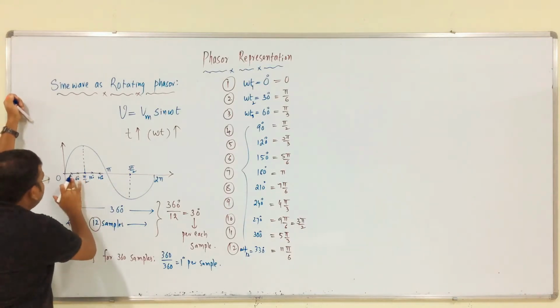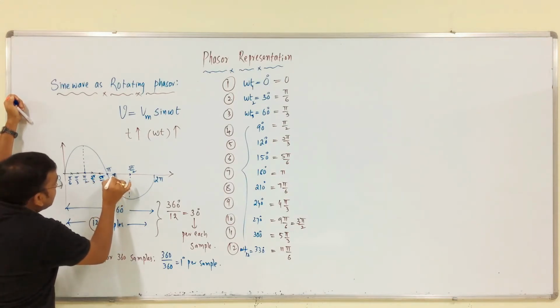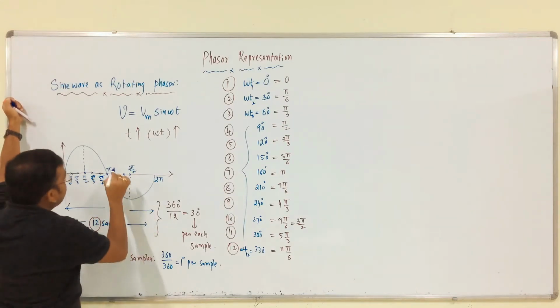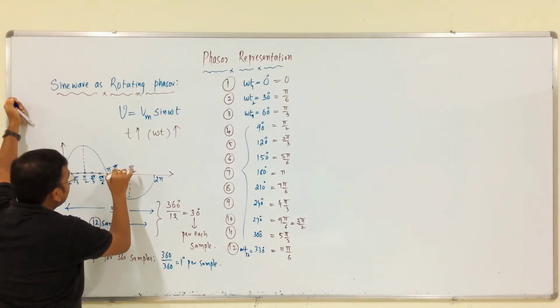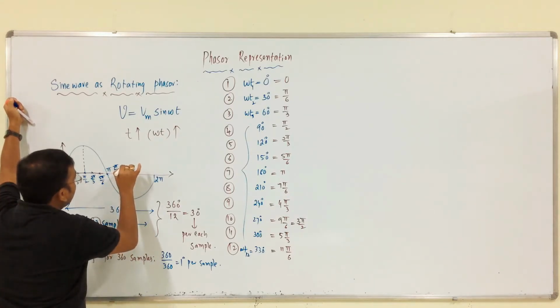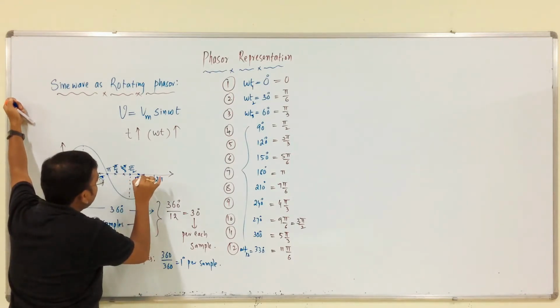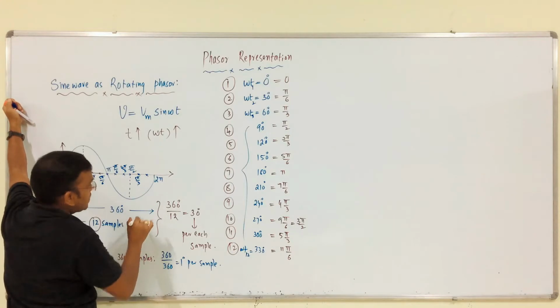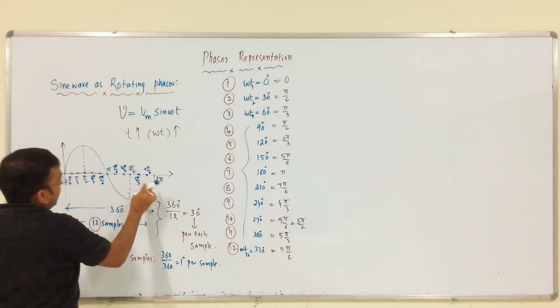That means pi by 6, pi by 3, 2 pi by 3, 5 pi by 6, pi, then 7 pi by 6, 4 pi by 3, after 3 pi by 2 we have 5 pi by 3, and 11 pi by 6. These are the 12 instants.